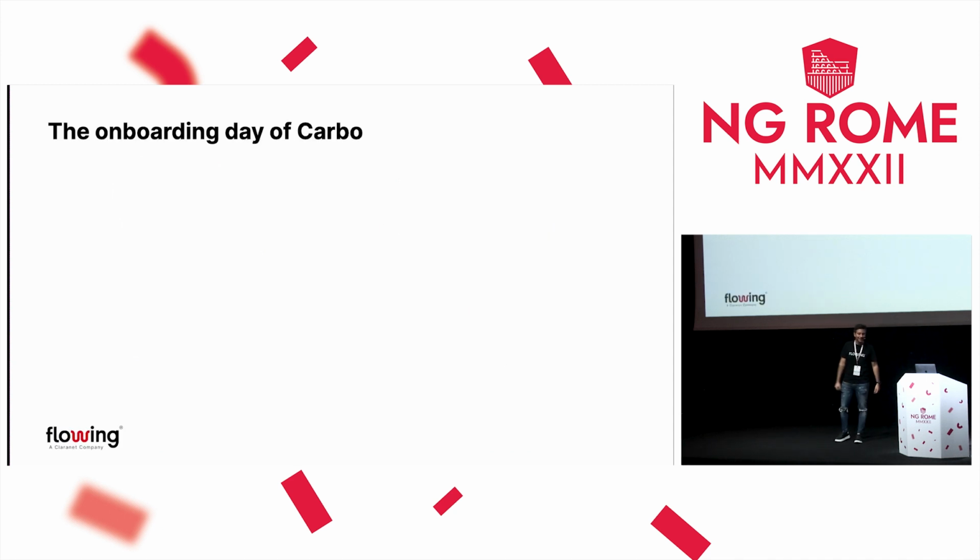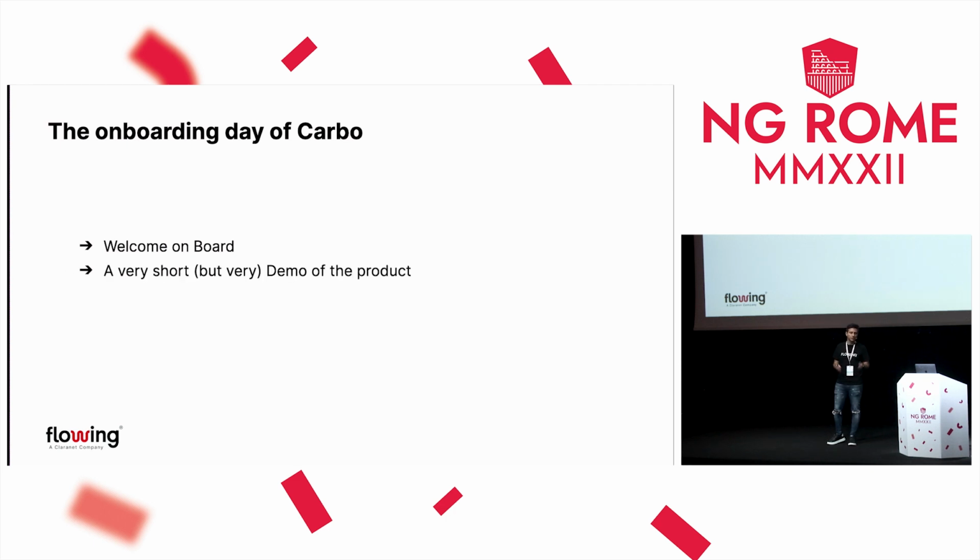Okay, but let's start. In a company, probably the onboarding day is structured in this way. You have a welcome on board, a very short demo of a product, but very short because time is money. And then it's time to see the project. So git clone, and it's time to see the repository.